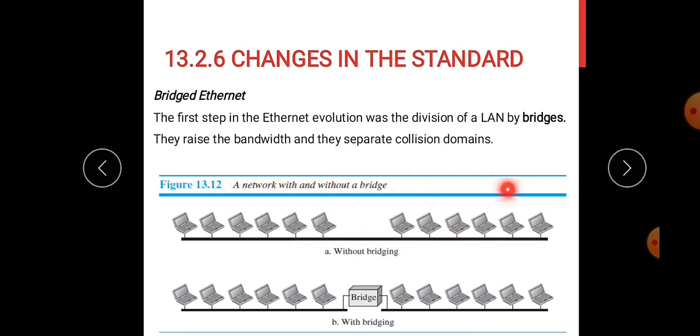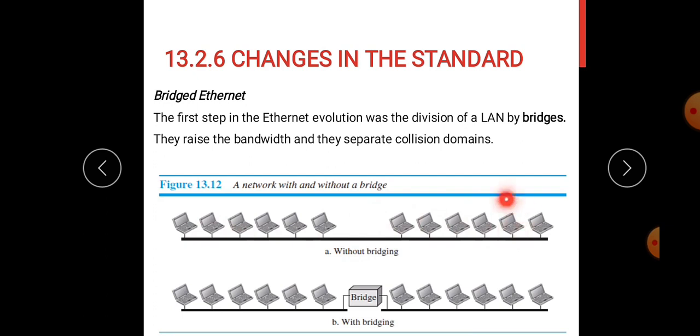So the stations share the bandwidth of the network. If only one station has a frame to send, it benefits from the total capacity, that is 10 Mbps. But if more than one station needs to use the network, the capacity of the channel is shared.